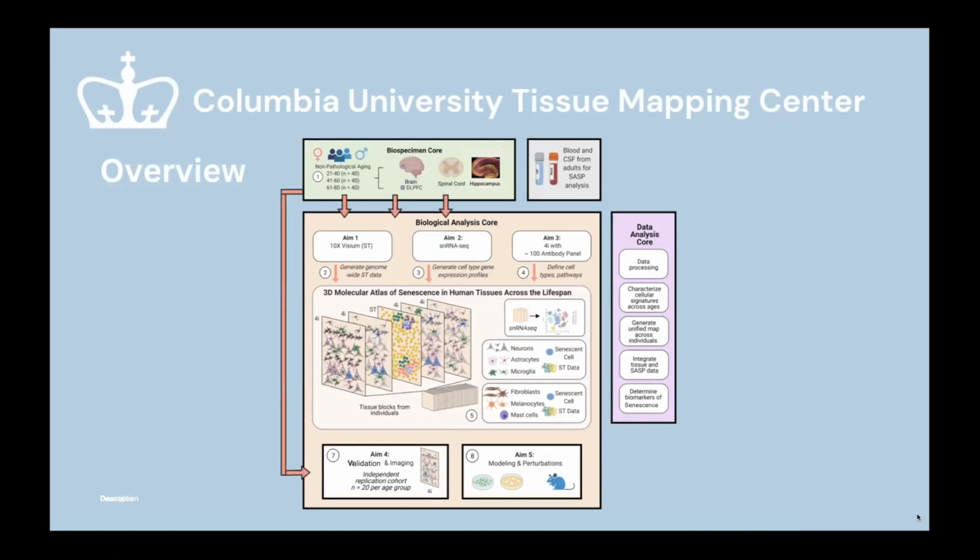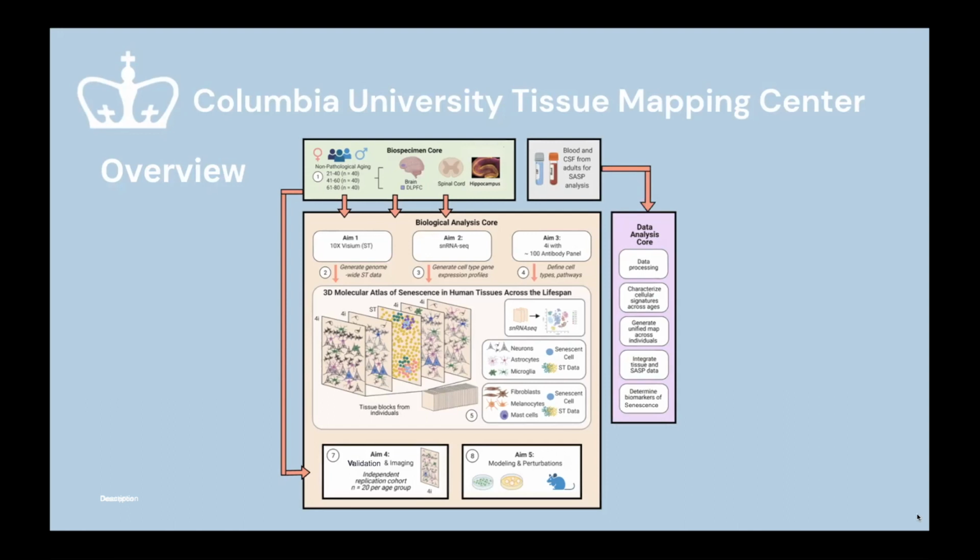Next, these tissue samples are used in the following processes. 10x Visium to generate genome-wide spatial transcriptomic data, sRNA sequencing to generate cell-type gene expression profiles, 4i with P100 antibody panel to define cell types and pathways. All of these three procedures work in an effort to build the 3D molecular atlas of senescence in human tissue across the lifespan. In this process, additional samples are saved for validation and imaging processes.